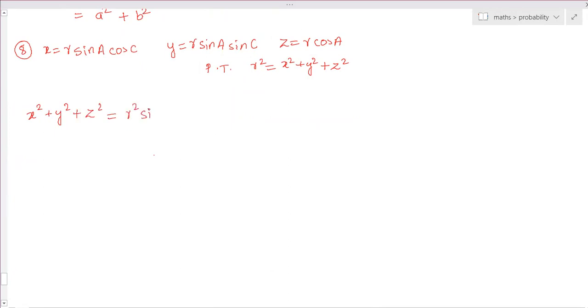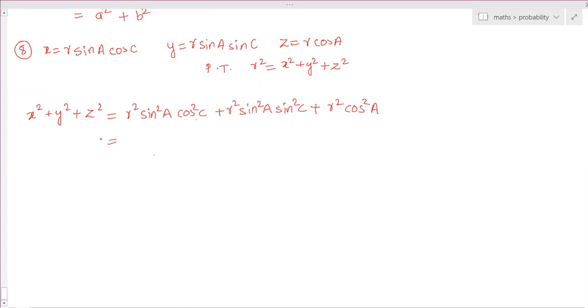R square sin square A cos square C plus R square sin square A sin square C plus Z square is R square cos square A. These are products, so there is no need for a plus b whole square formula. Directly square everything, just like (AB) whole square is A square B square.